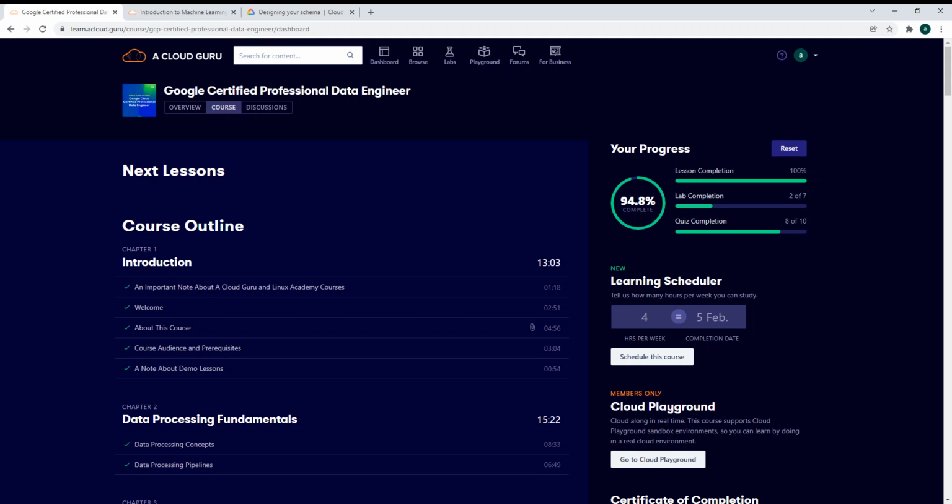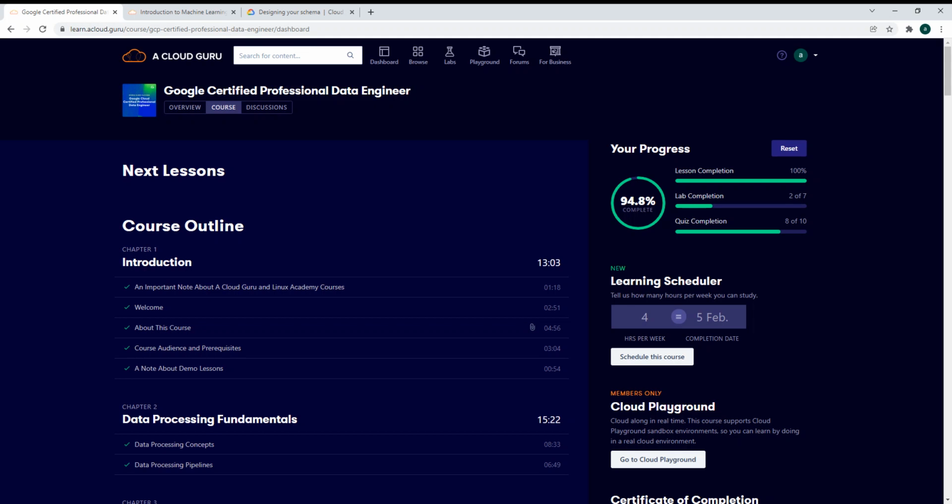Other than that, you have to set up playgrounds in a lab or in your own lab for Google, and you can go through it. But this is the course which I liked and followed.